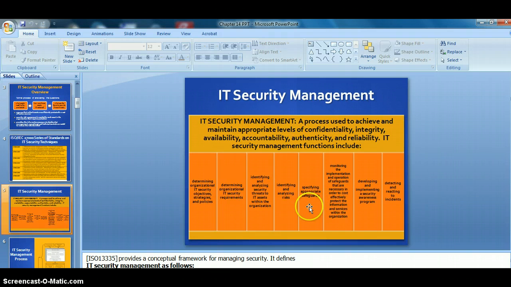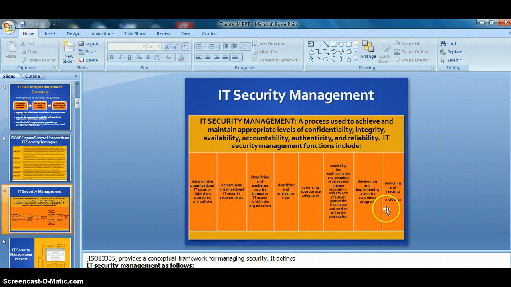Then specifying appropriate safeguards, and monitoring and implementing the operation of safeguards. It means starting from determining the organization's IT objective, strategy, and policy, specifying safeguards, and monitoring the operation, developing and implementing a security awareness program, and detecting and reacting to incidents.